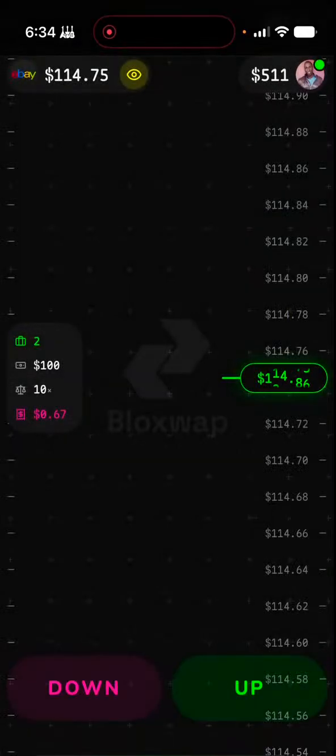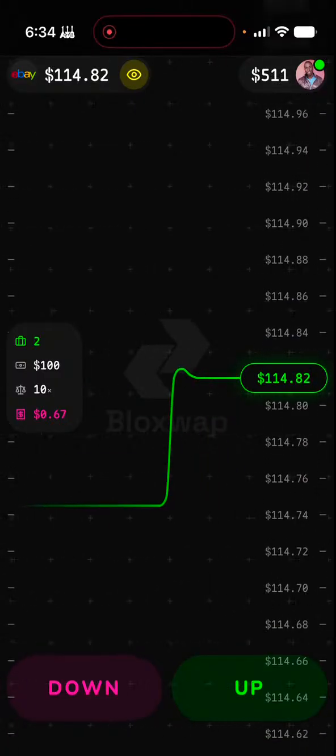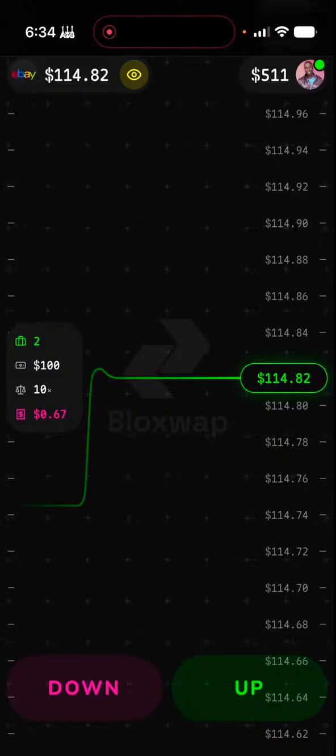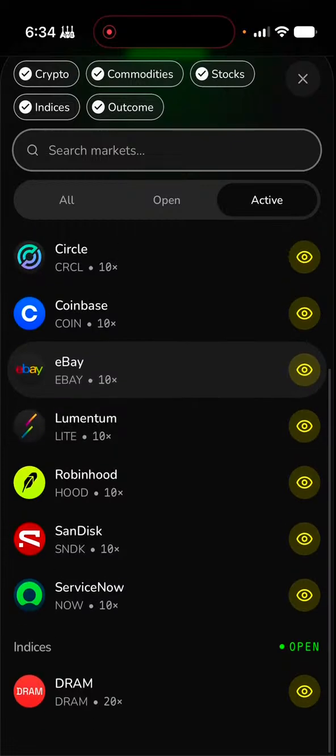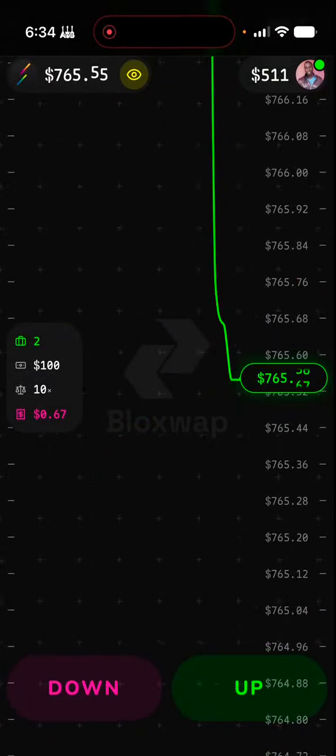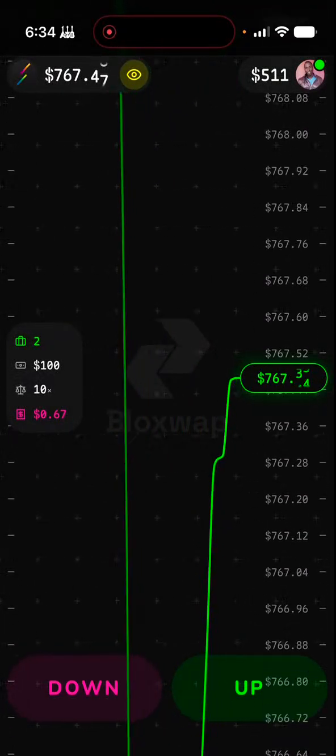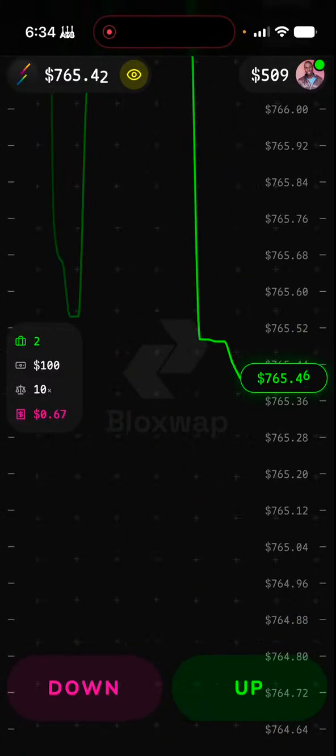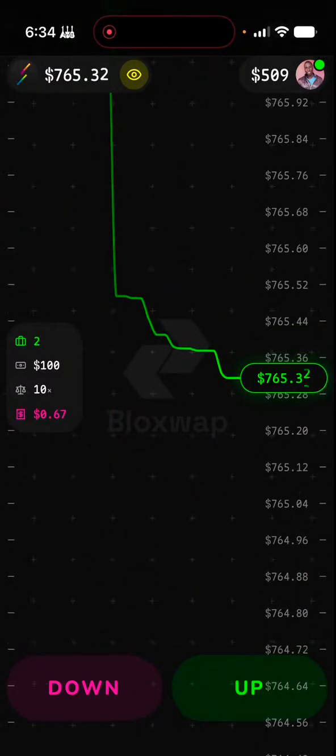Come on, market, give us something about eBay. It looks like things are kind of trending down, but I feel like there could be such a quick reversal. Oh man, Lumentum's having a tantrum.